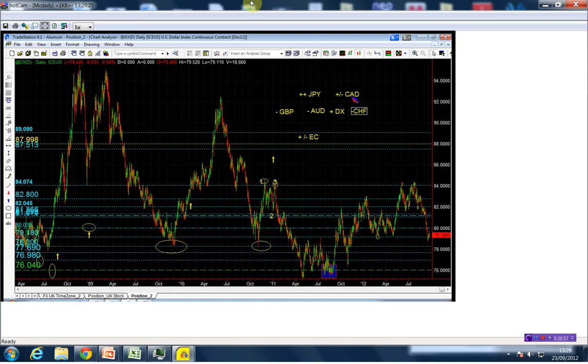We can do maybe shorting the CAD yen, and then we can look at the Euro pound, going long the Euro pound, maybe going long the Euro Aussie, and we can take a look at the Euro CAD.